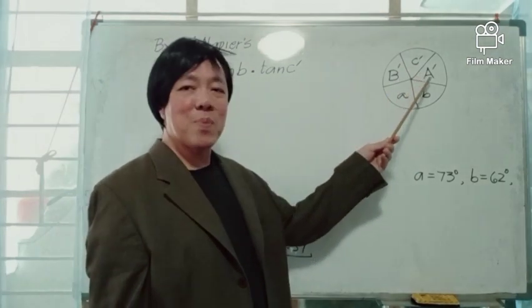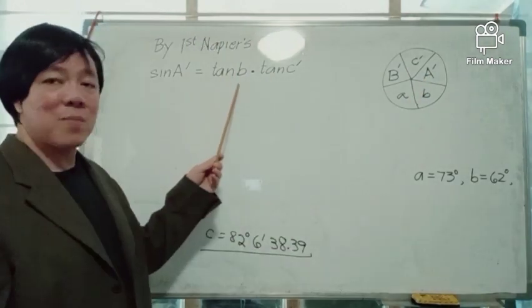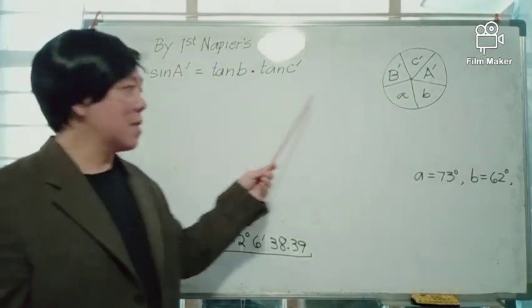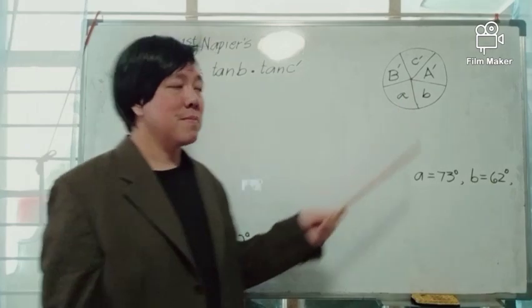The sine of A prime is equal to the tangent of small b multiplied by tangent of small c prime.